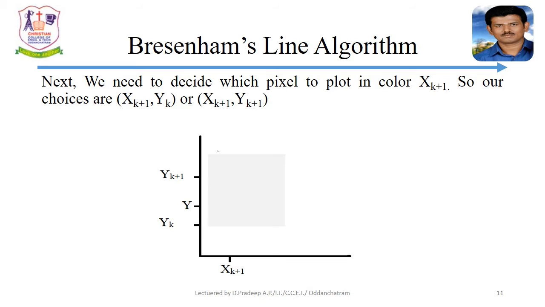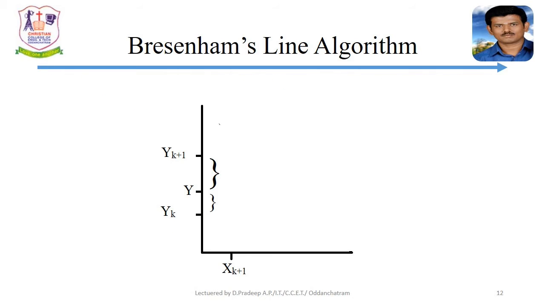Suppose the line crosses a particular point y, we have to calculate the distance between yk and yk plus 1 based on the crossed position. So the actual point is y, and for our limitation we may choose either yk or yk plus 1.